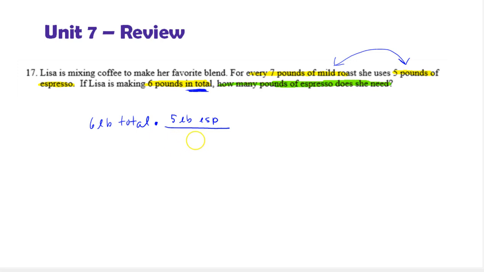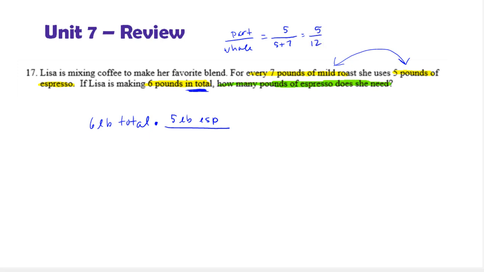So what would the total be? You could think of it as these are our two parts, and part over whole equals, well, our part of espresso is 5, and our whole would be 5 plus 7, which is 12.